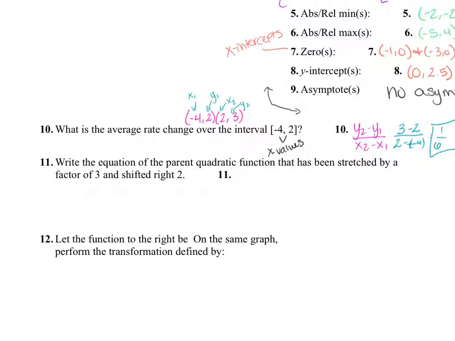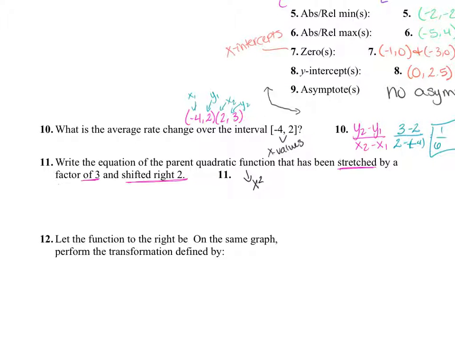The next one says write the equation of the parent quadratic function that has been stretched by a factor of 3 and shifted right 2. The quadratic parent function is x squared. What gives it that stretch is the number in front of x squared, so multiplying a number times x squared.